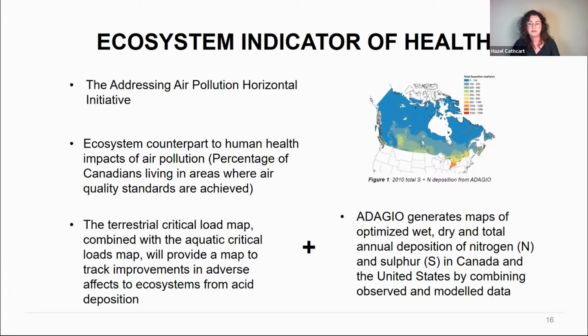The ecosystem indicator component is still being developed, but these critical loads maps will provide the ecosystem sensitivity information to be used with the ADAGIO project deposition, which was produced for a baseline of 2010 and is going to be updated soon, so stay tuned for that.